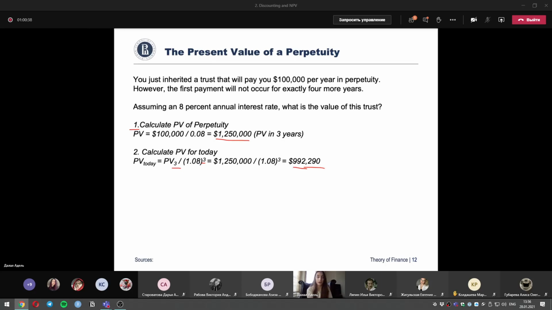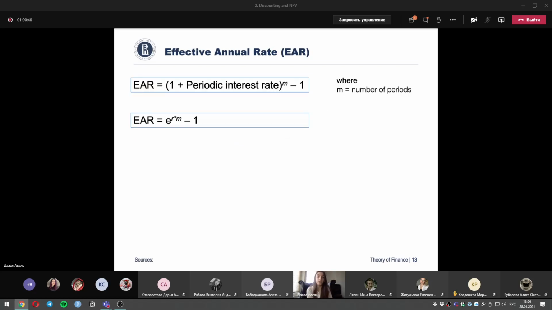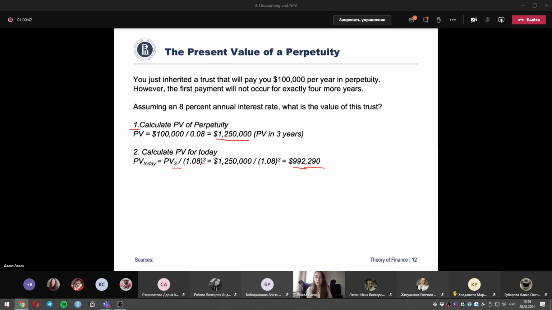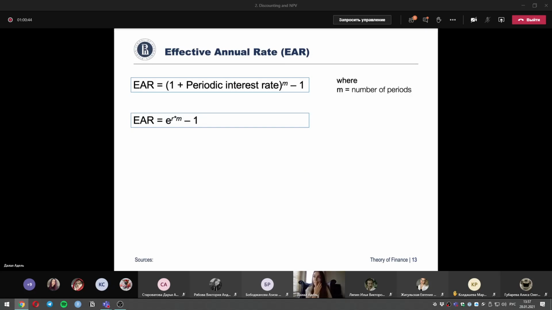If none, then let's move on. So last time we considered different types of compounding. So we mainly considered quarterly compounding.